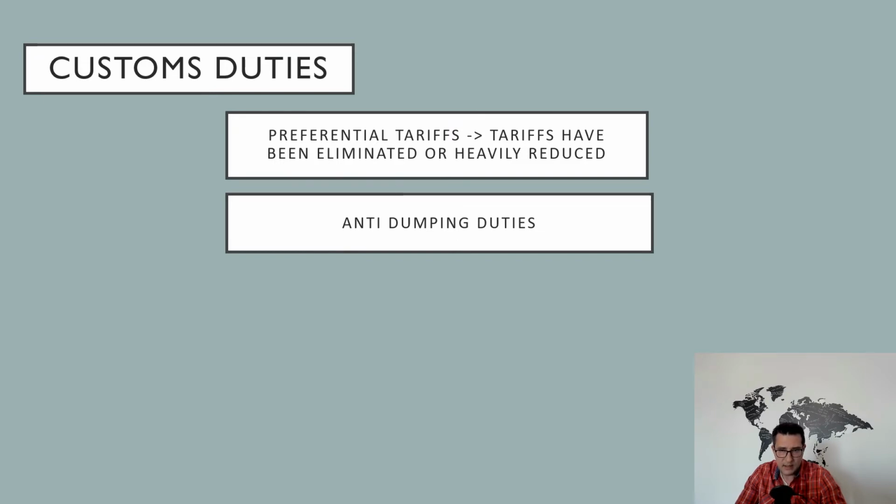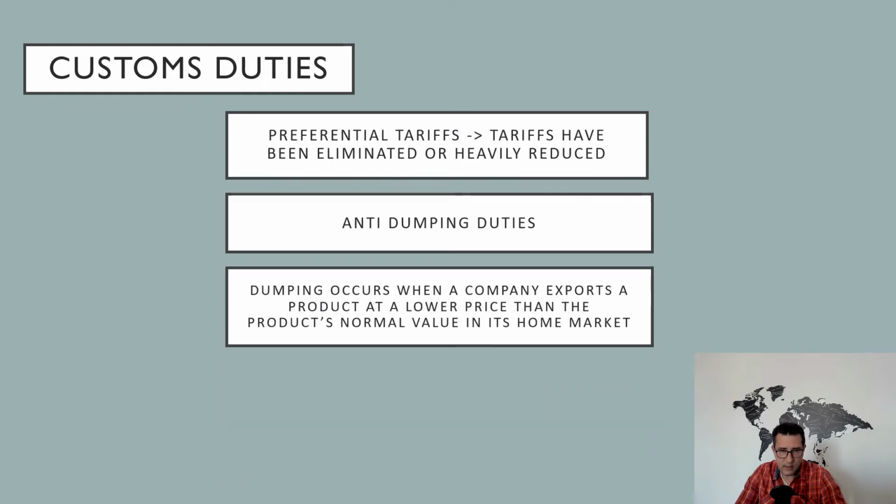Basically, dumping occurs when a company exports a product at a lower price than the product's normal value in its home market. And if an investigation finds that the importers have engaged in dumping and caused injury to the domestic industry of the importing country, then anti-dumping measures can be imposed on imports of the concerned product or products.